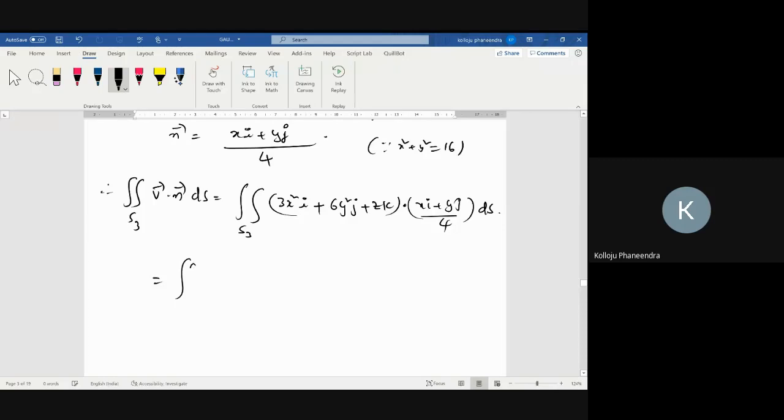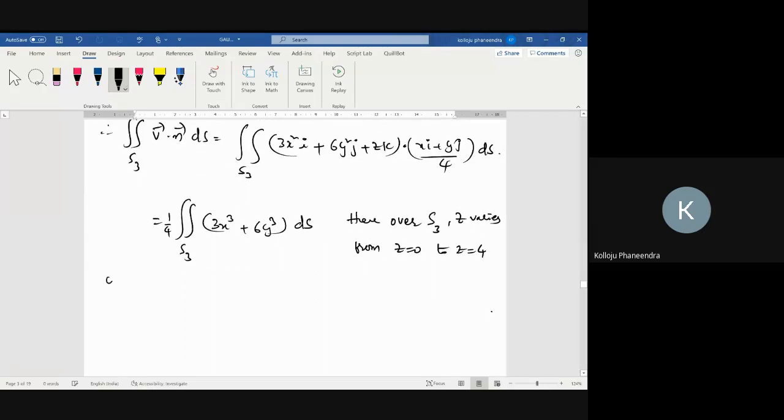Now the double integral over S3 of 1 by 4 outside, 3x cube plus 6y cube, I will write ds. Over S3, z varies from z equal to 0 to z equal to 4.